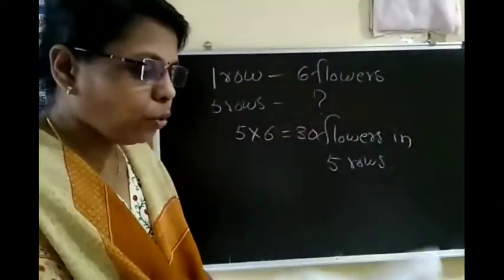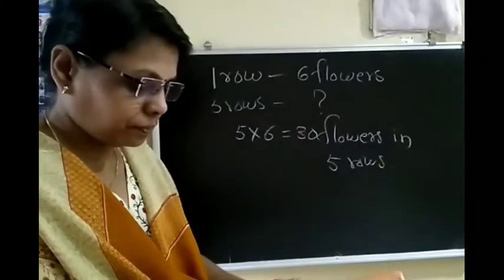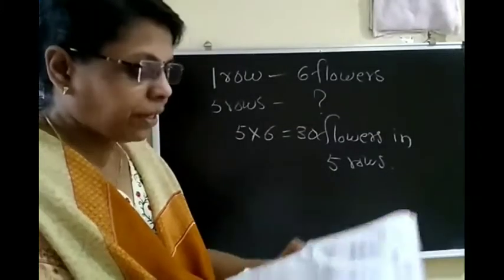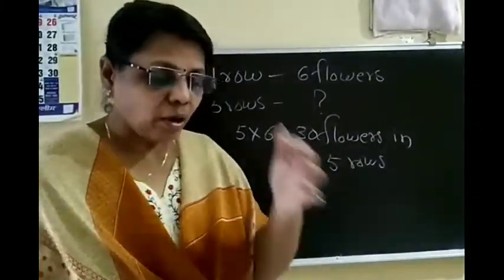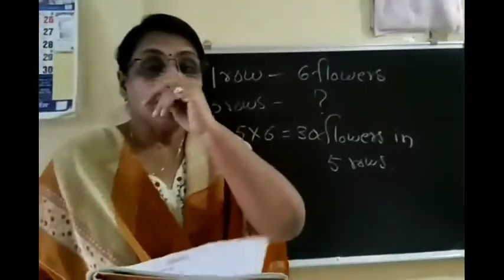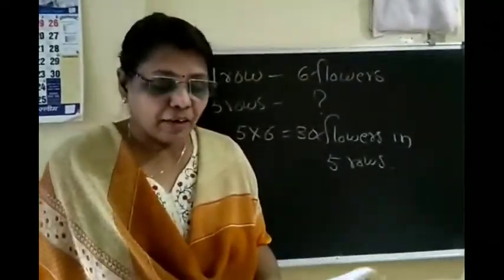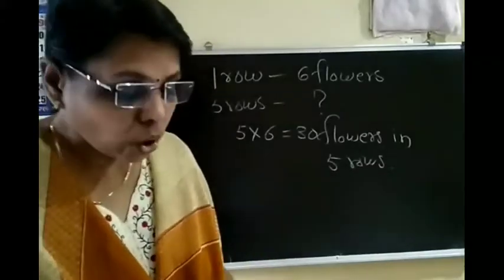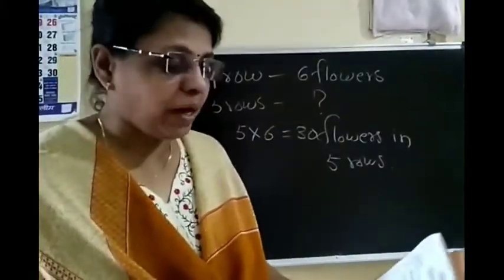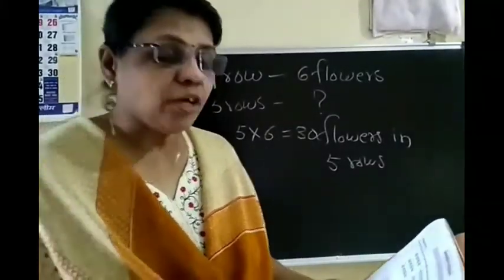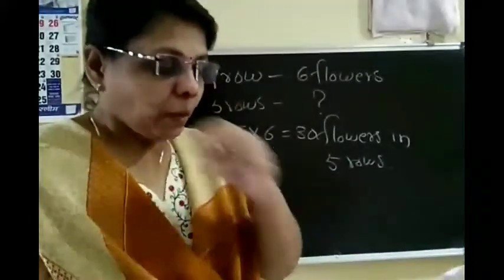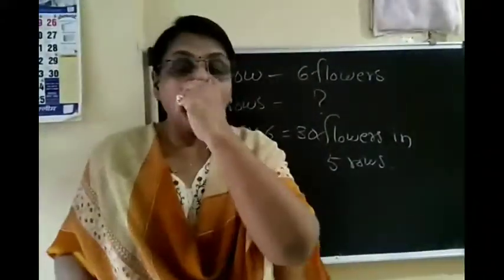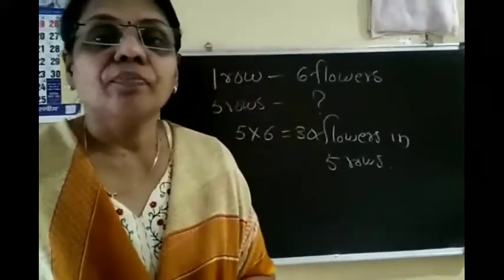Now if you move on to page number 40, here you will see some statement sums with fill in the blanks that we have to solve. First I will try to explain. If you go through page number 40, there are 6 boxes, and in each box there are 4 cricket balls.